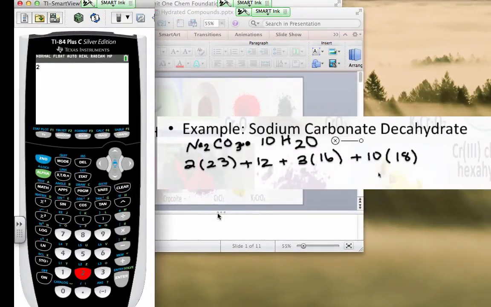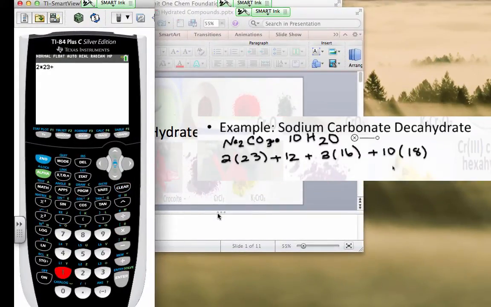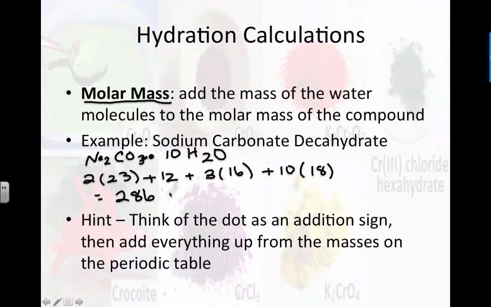So 2 times 23, so 10 waters, so the molar mass is 286 grams per mole. So you can think of this dot that designates that it's a hydrated compound as an addition sign. Add up everything from the masses on the periodic table. No big deal.